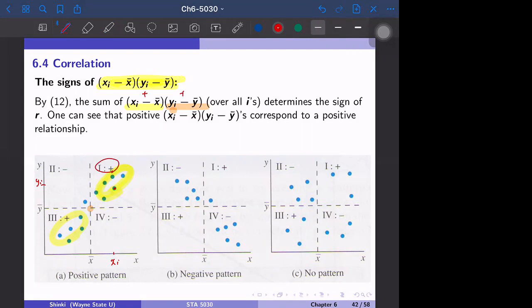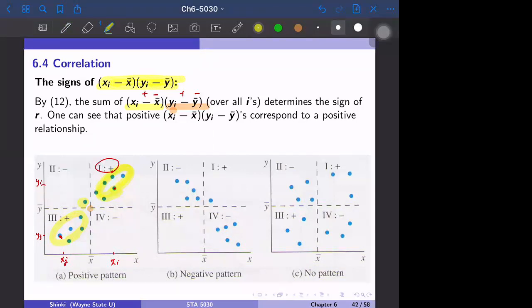In quadrant 3, xi is less than x bar, so the first term is negative, and yi also tends to be negative. So this point is negative times negative, which is positive. That means for most observations, xi minus x bar times yi minus y bar is positive. Maybe there are some exceptions, but anyway we take the summation. So overall, the sample correlation coefficient becomes positive.